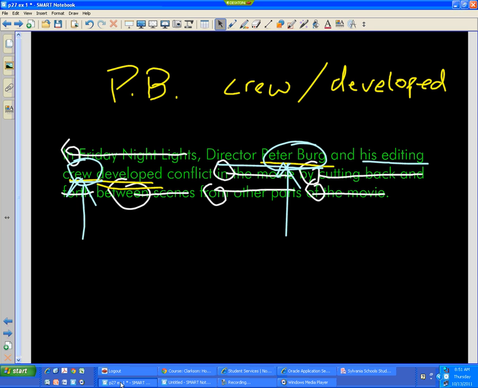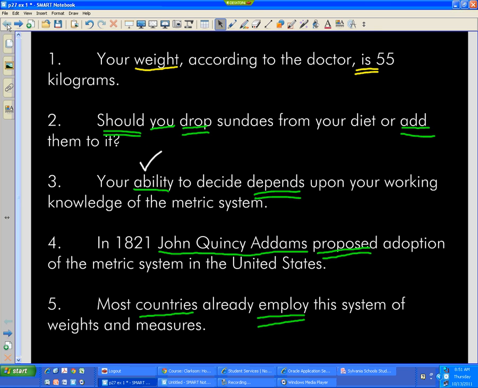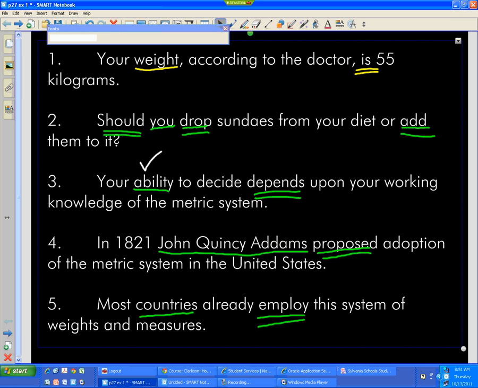Hold on. I'm going to teach you some basic sentence diagramming here. We will talk about this a little bit more next week, but basic sentence diagramming means diagramming subject and predicate. So, let's see. We'll start with this.